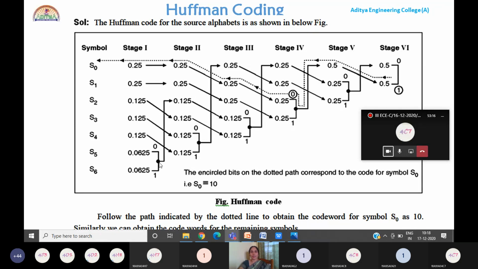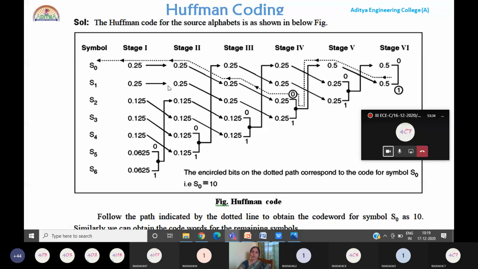The newly combined value is placed at the highest position if you have equal probability, and the old probabilities are represented below the combined value. So preference is given to the combined factor.